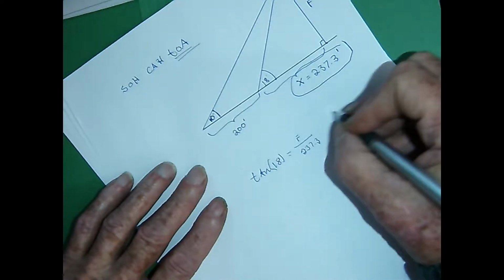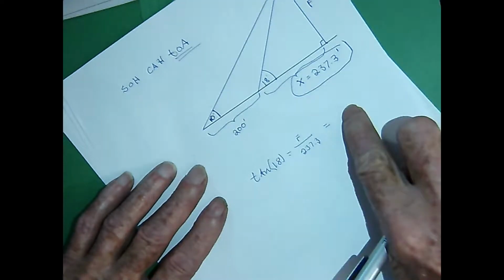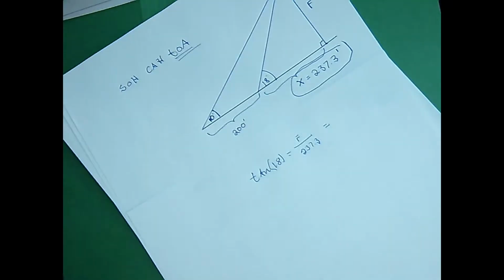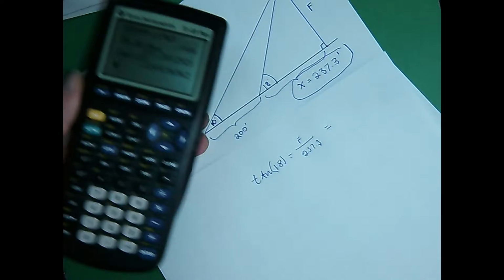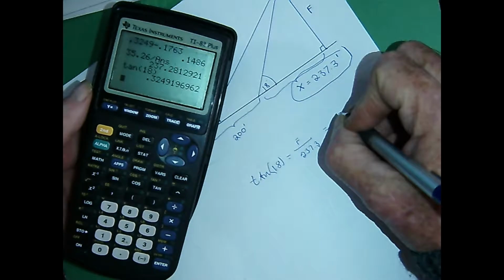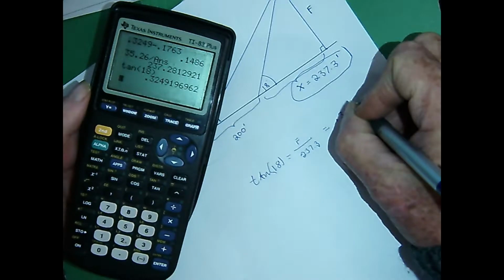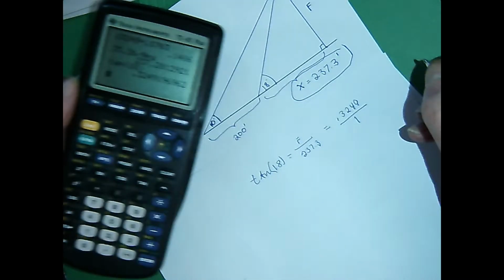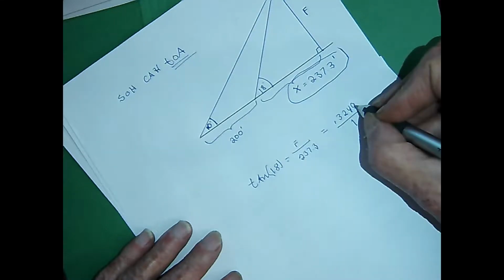But what else is the tangent of 18 equal to? The tangent of 18 is 0.3249 over 1.